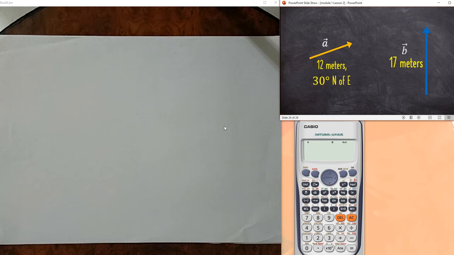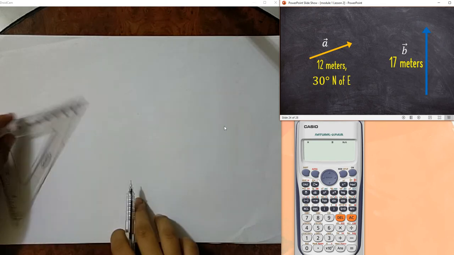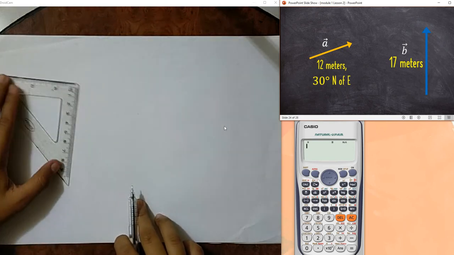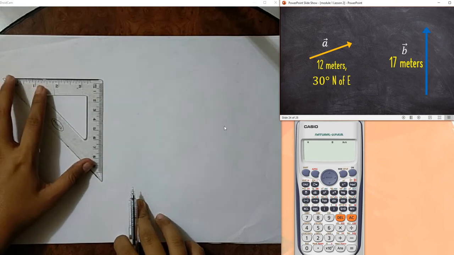So everybody, please take a look on the screen because I'm going to plot the two vectors in our Cartesian plane. The first thing that we need to do, of course, is to write here our x and y axis.